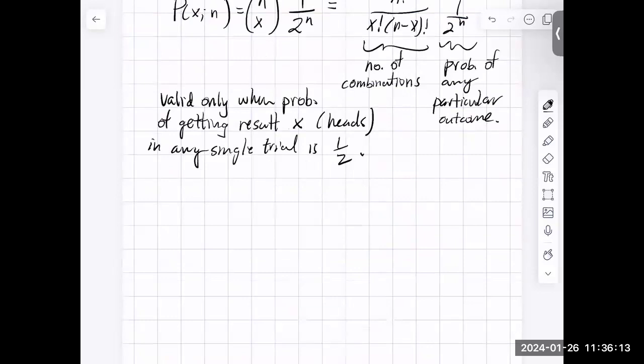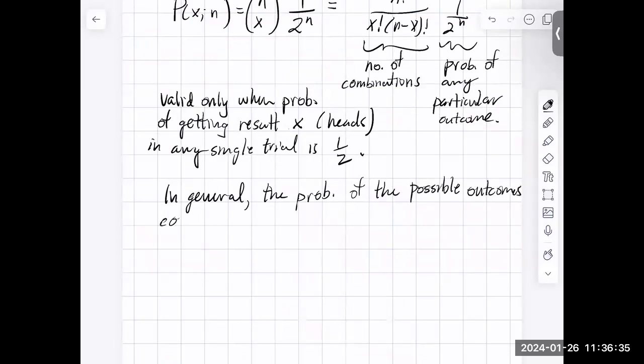All right, so in general, the probability of the possible outcomes could be different. So an example is a weighted coin.